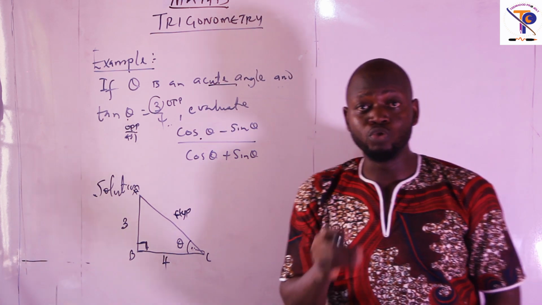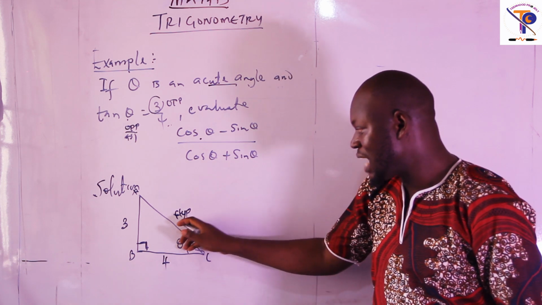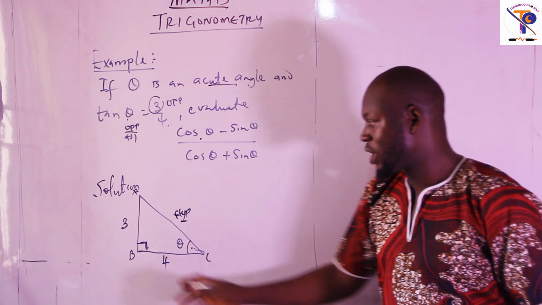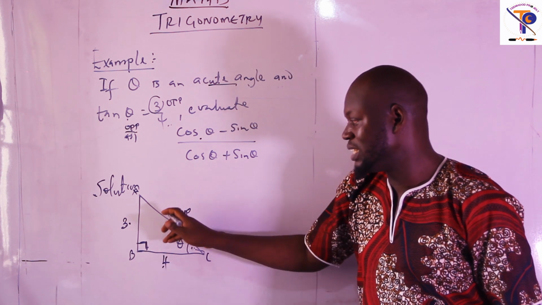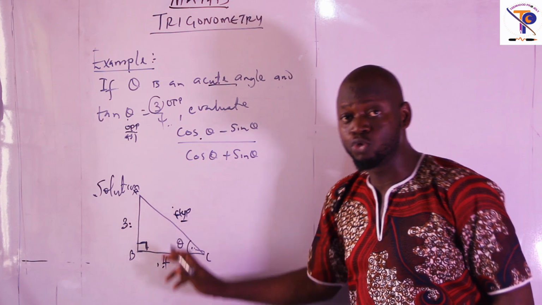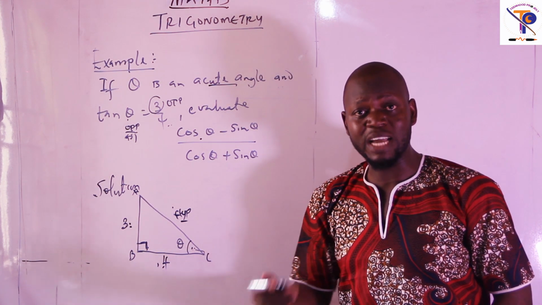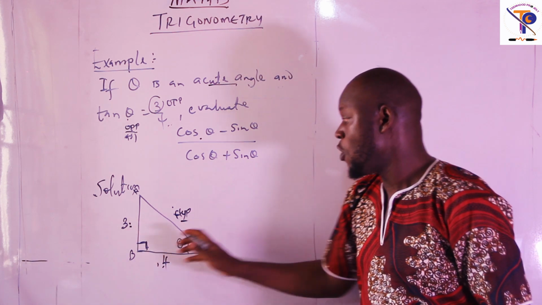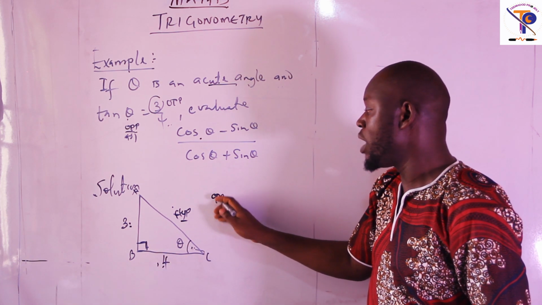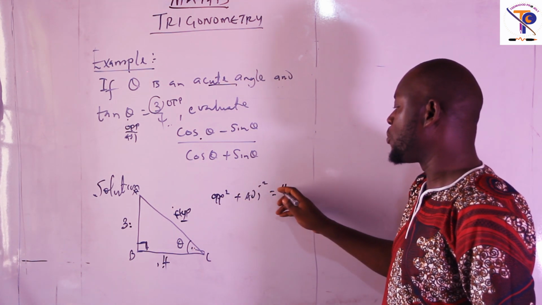So how do I find the hypotenuse? Don't forget, this is a side, this also is a side, and this as well is a side. I've been given 2 of the sides out of 3. So by Pythagoras theorem, I'll be fine. That is opposite square plus adjacent square is equal to hypotenuse square.